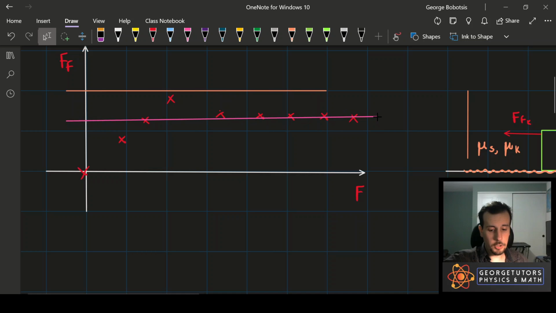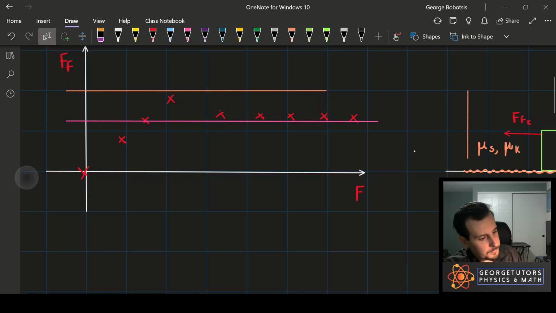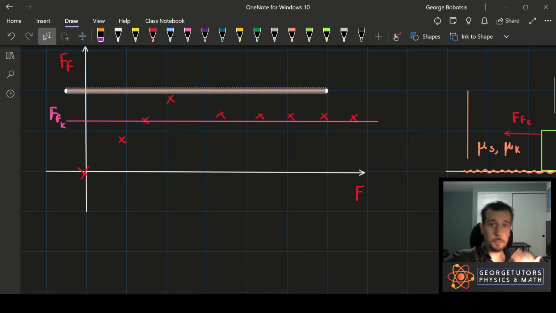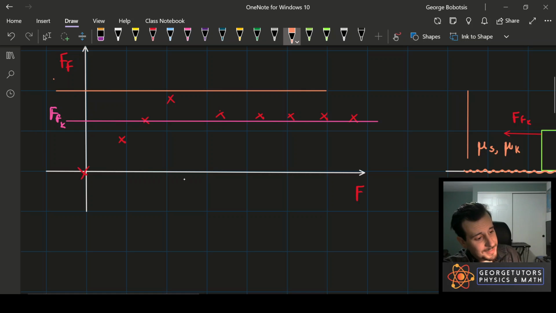This will be over here a line representing kinetic friction. So that's what I'm going to put in here. This will be F_k. Now for the top part, this guy over here is given a particular name when you're doing this in Mechanics 1. He's just called the maximum static friction, or F_s,max. So again, I will call it that over here, F_s comma max.